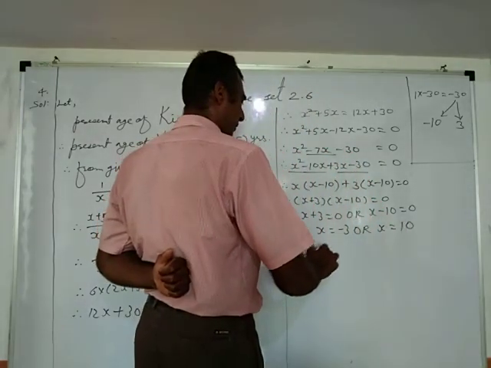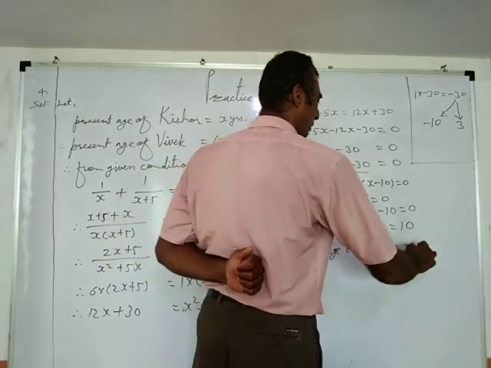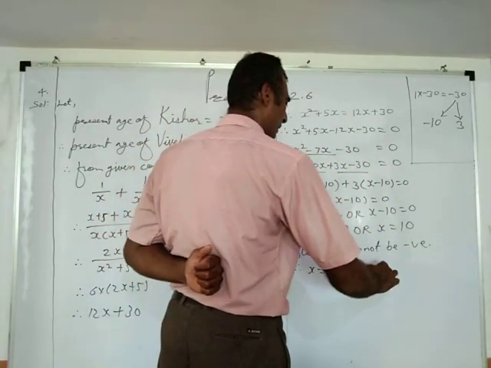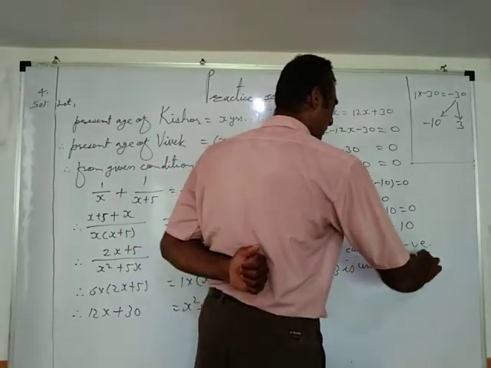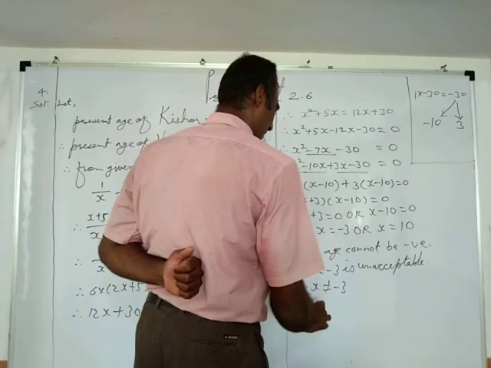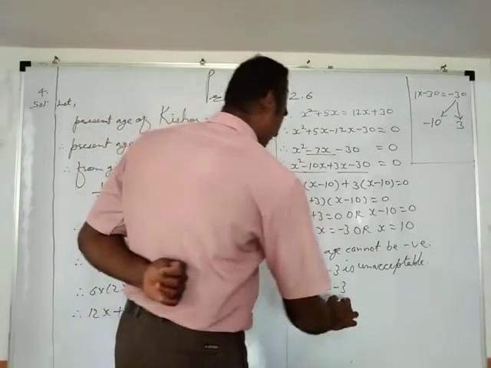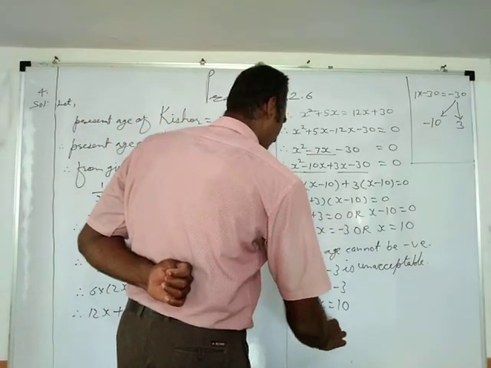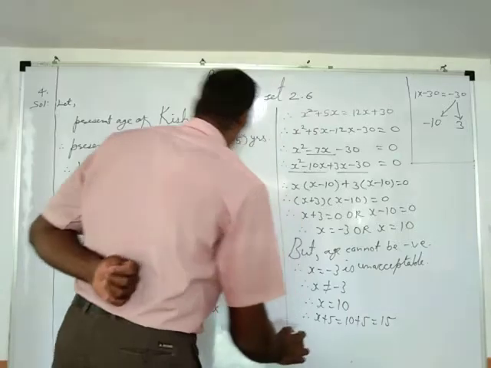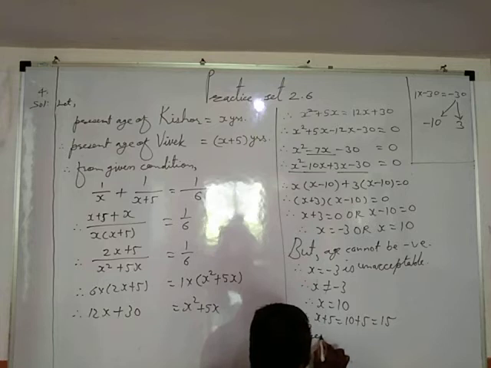But age cannot be negative, and therefore x equal to minus 3 is unacceptable, and therefore x must be equal to 10, and therefore x plus 5 equals 10 plus 5 equals 15.